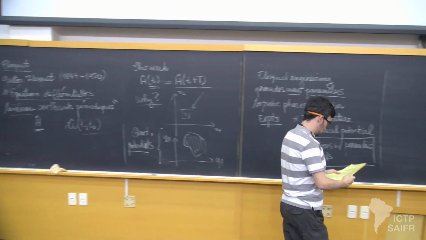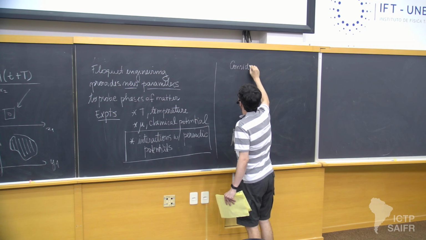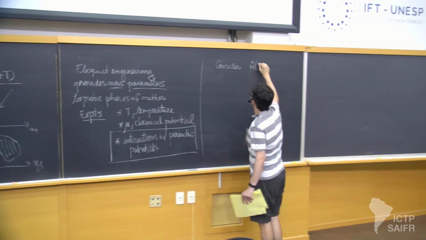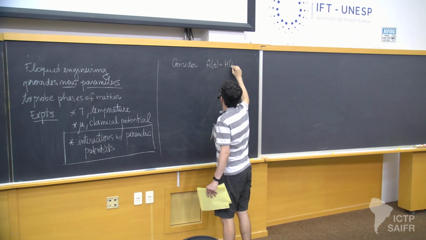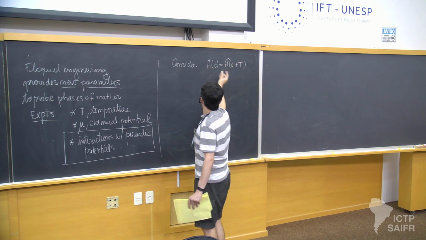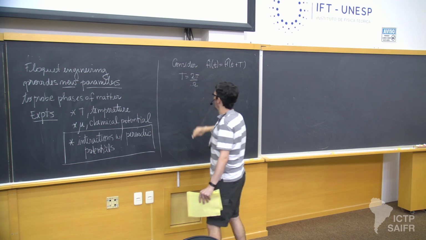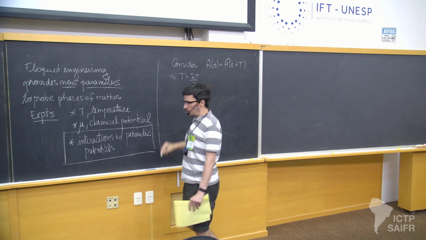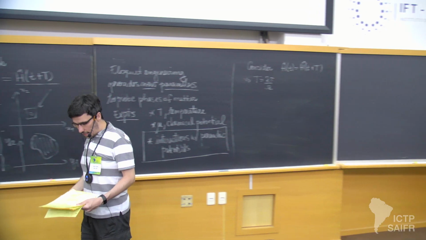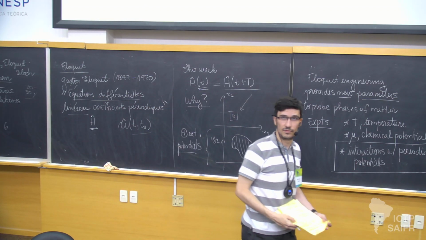Let's consider a Hamiltonian of the following form. H of t is periodic in time. There is a frequency associated with this period, 2 pi by omega. What I would like to know first is what are the solutions of Schrödinger's equation for this problem?